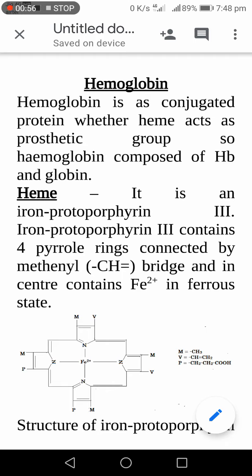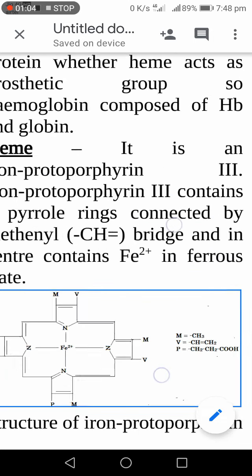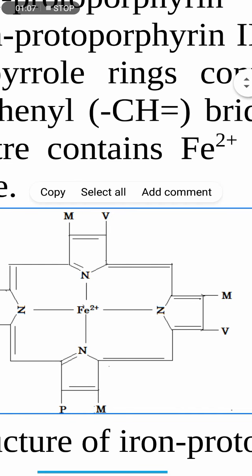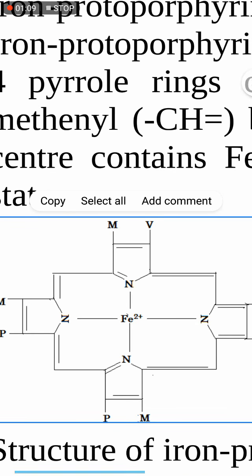Iron protoporphyrin 3 is composed of 4 pyrrole rings, which are substituted and linked by methenyl bridges. At the center there is iron in ferrous state.